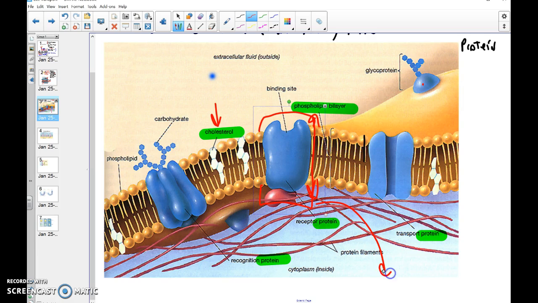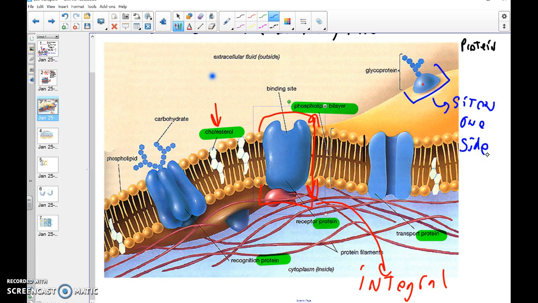And when that happens, we refer to them as integral, because they span the entire membrane. Or you can have proteins that just sit on one side, and we call those proteins peripheral. Okay, so there's peripheral proteins and there's integral proteins.